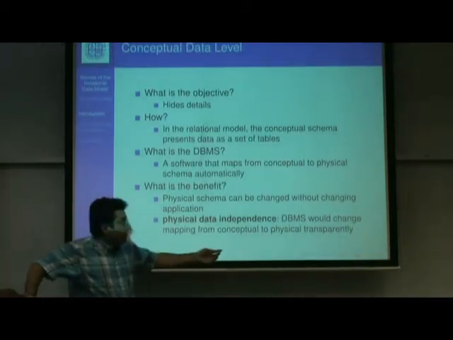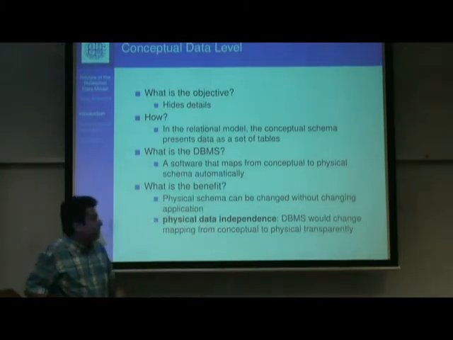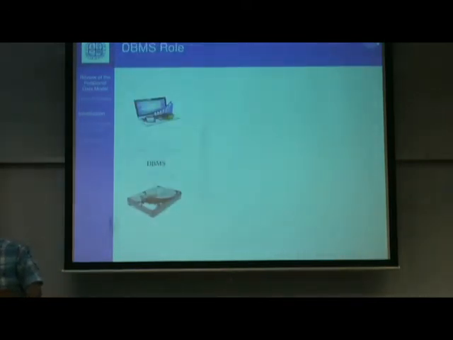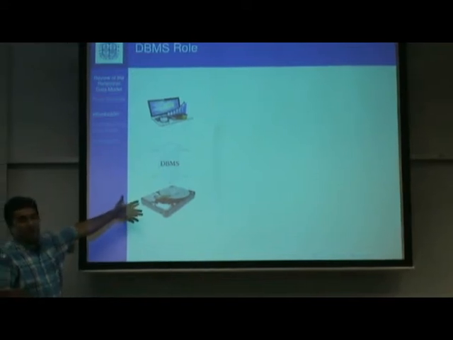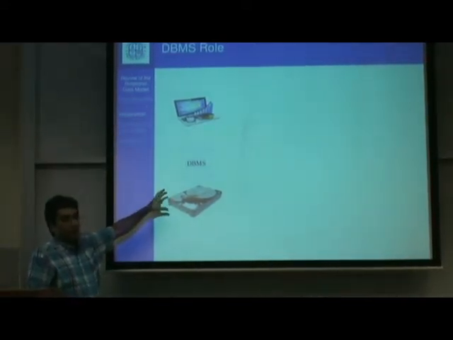Okay, this transparent changing is called physical data independence. As your friend mentioned, the DBMS is a software between applications and the physical schema, the disks and the storages. Okay.